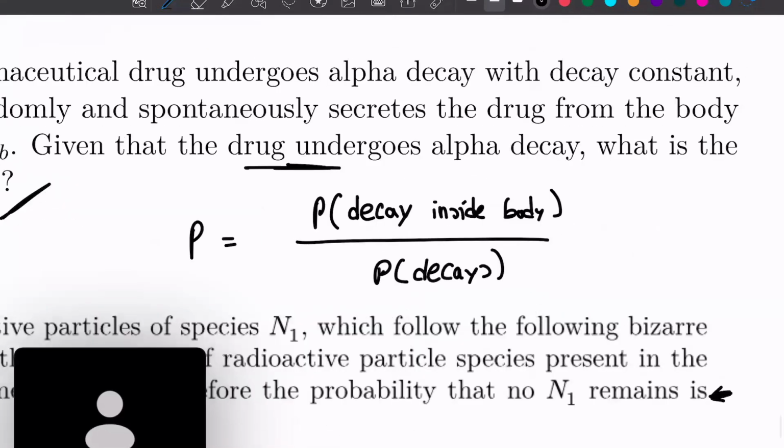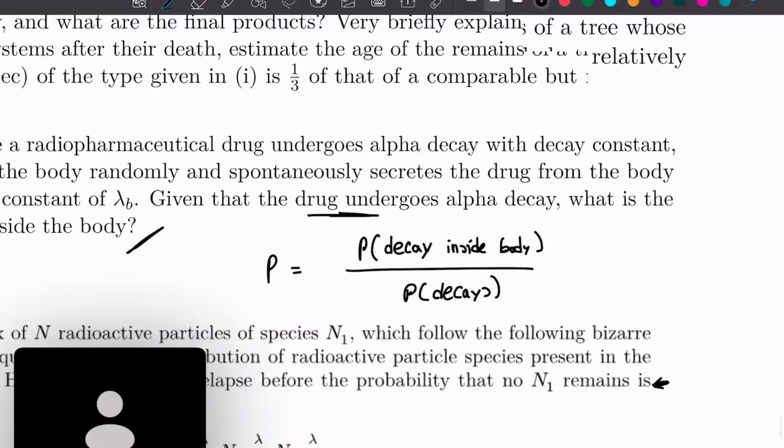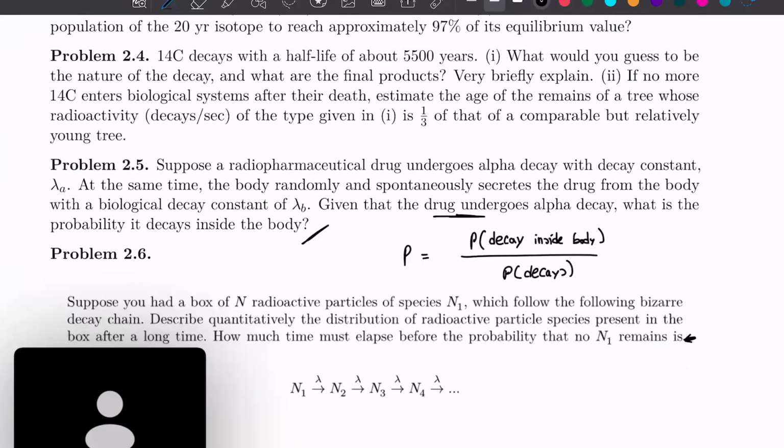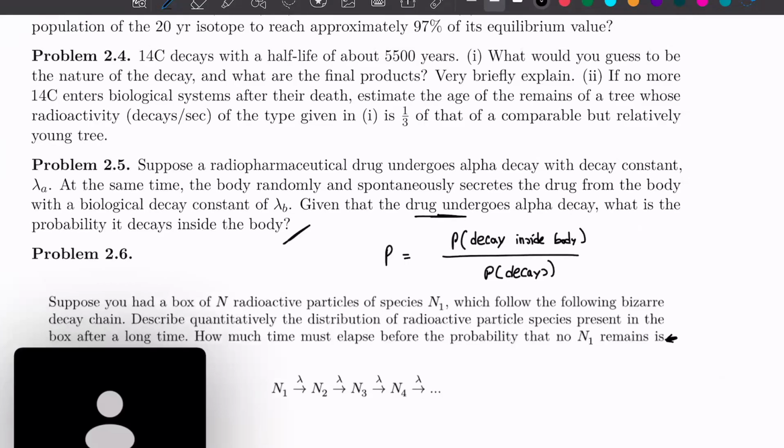Maybe this might be a bit confusing, but if you try some examples in your own head, hopefully it works out.